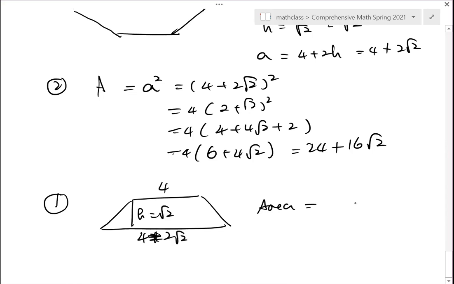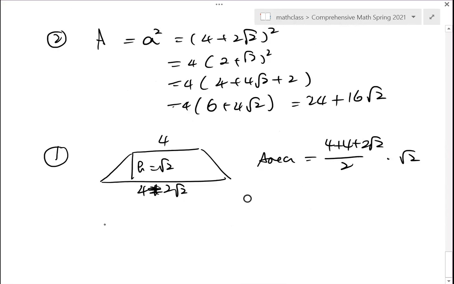It's a trapezoid. So it's half of 4 plus 2 square root 2 times square root 2. So let's do the calculation. Okay, it's going to be 4 plus 4 square root 2, 8, right, divided by 2, right? Multiply by 2, so that's 4 square root 2 plus 2. So that is the area of that section.